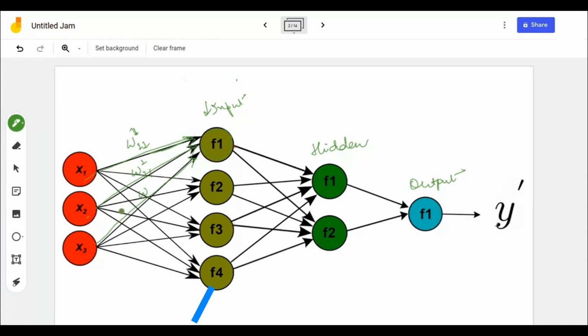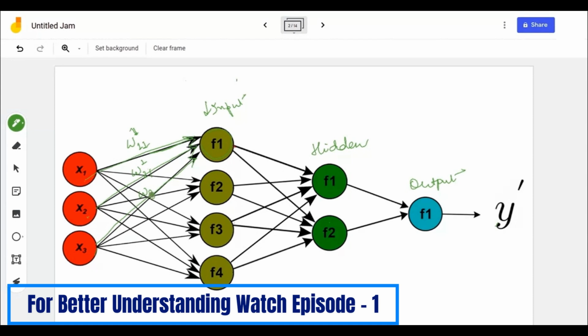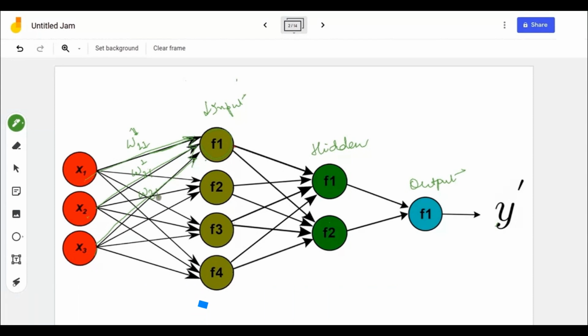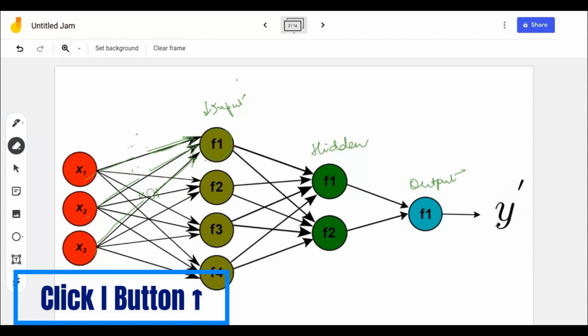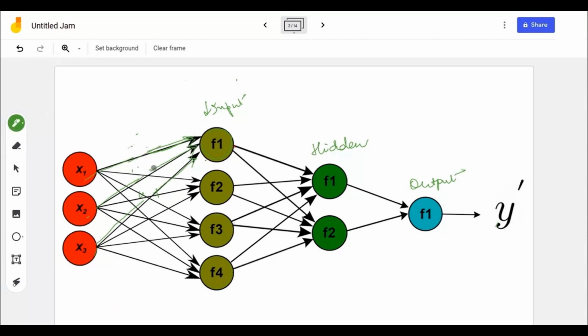Again, W, third input, 3, first node, 1, first layer, 1. Right? I hope you're getting an idea of this. This can be kind of daunting in the beginning. Then this goes on and on till we reach the last node of the input layer.